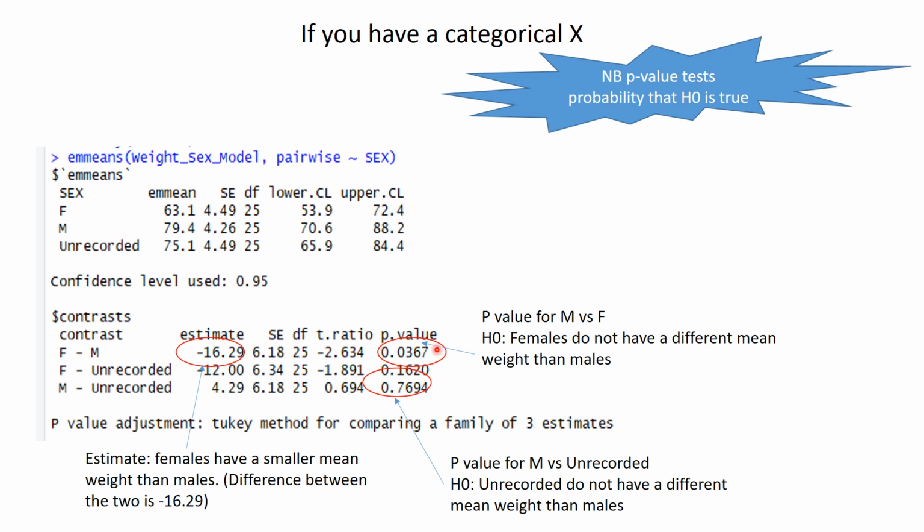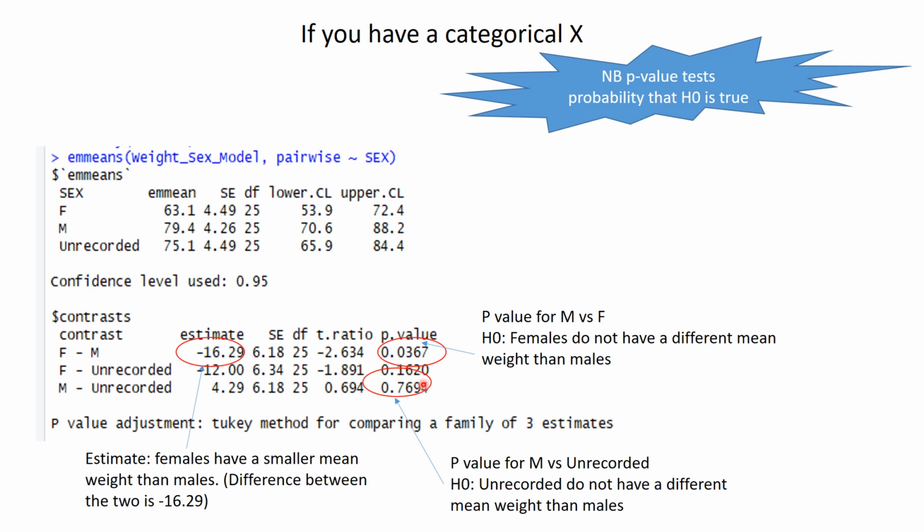Here our p-value is smaller than 0.05, so we would reject the null hypothesis and we would say females do have a different mean weight. And here we look at the estimate, and because females are mentioned first here, this shows the difference between males and females, and it shows us females are minus 16.29 smaller than males. All right, that's the same as we saw in the previous table.